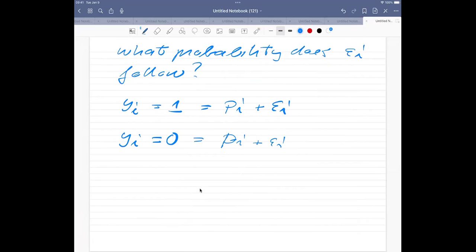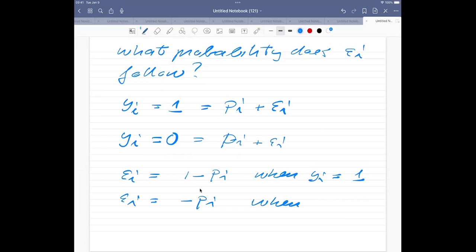And when we then look at what we have here, that means that this epsilon of I is equal to 1 minus P of I when y of I is equal to 1, and epsilon of I is equal to minus P of I when y of I is equal to 0. So this is just using the expressions, okay?